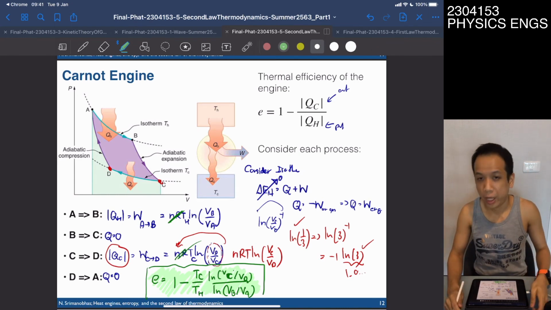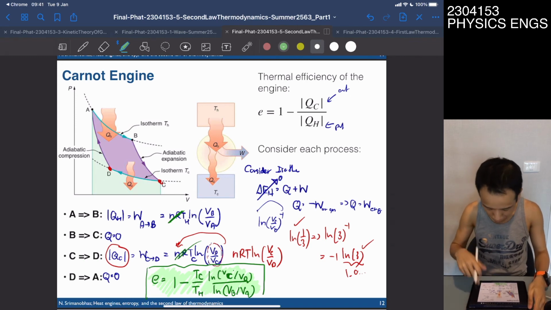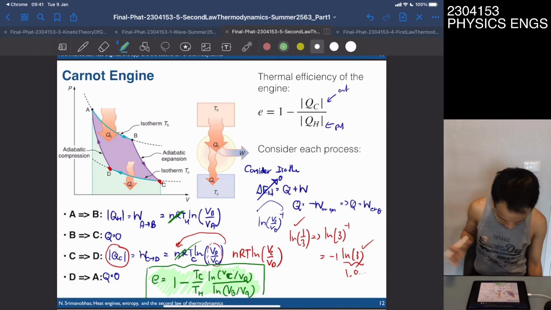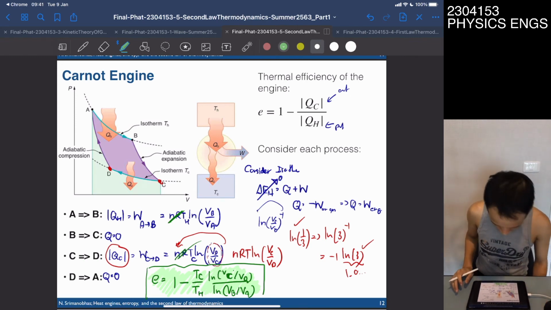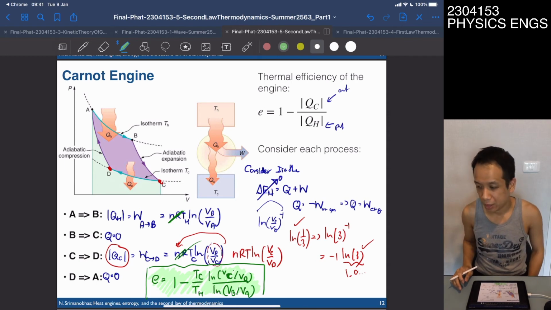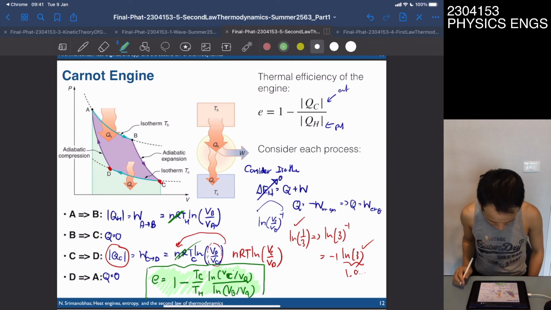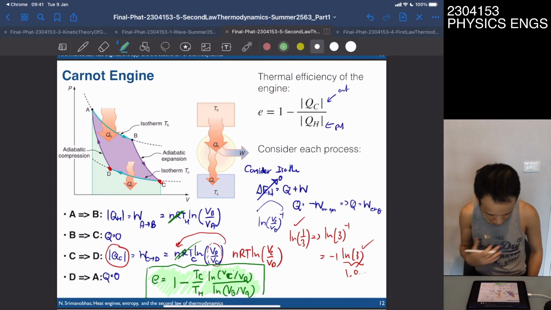It looks okay. If you have the calculator, you just press it, which is fine. But the question is, how can we make it more simple? TC and TH are something that you measure, right? It's the temperature of the cold and the hot reservoir.